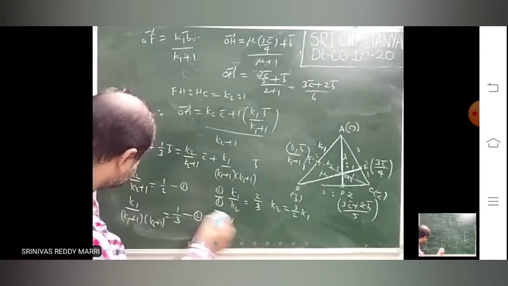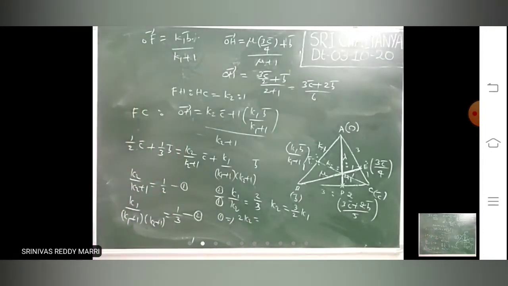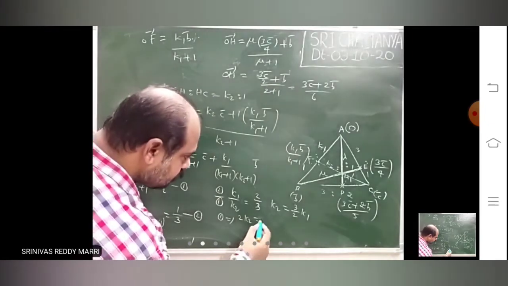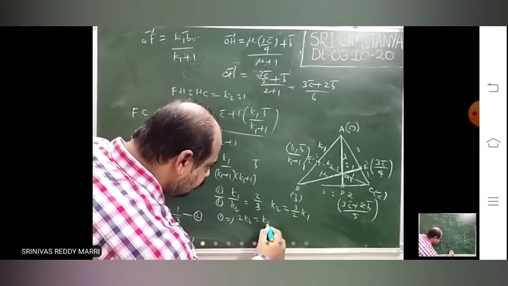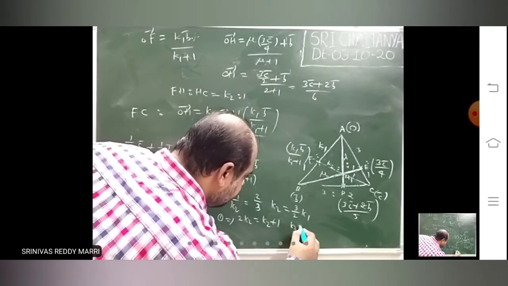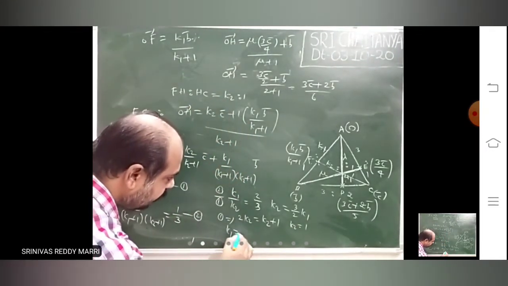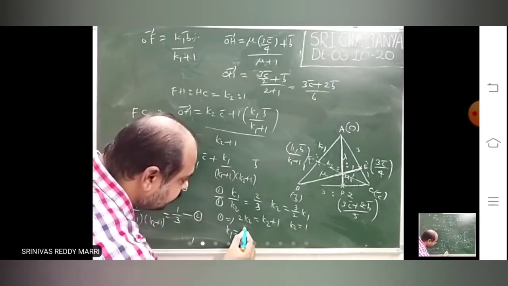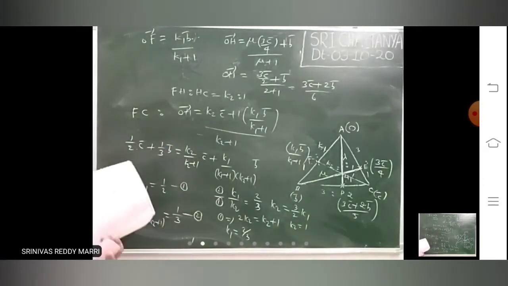So 1 implies you got the relation 2K2 equal to K2 plus 1. That means K2 is what? 1. K2 is 1. Therefore, K1 is 2 by 3.